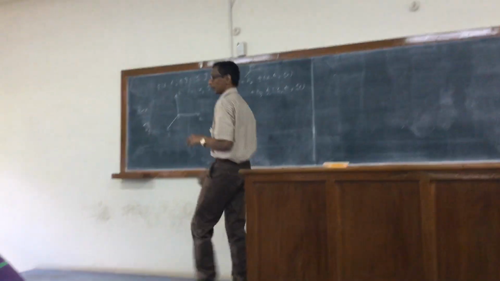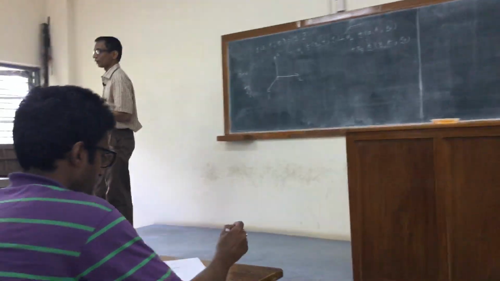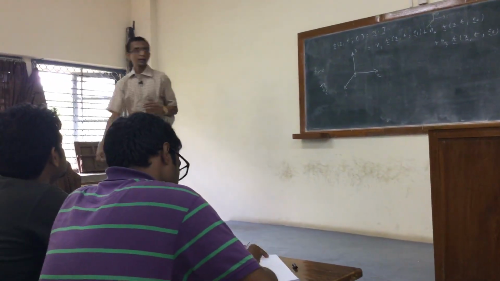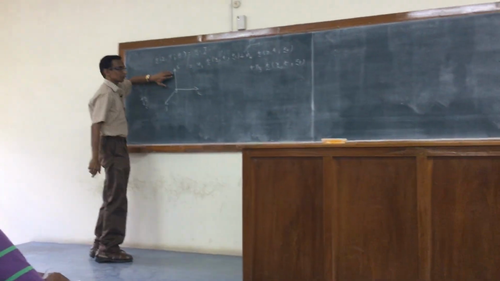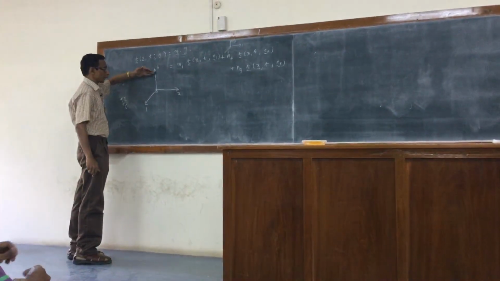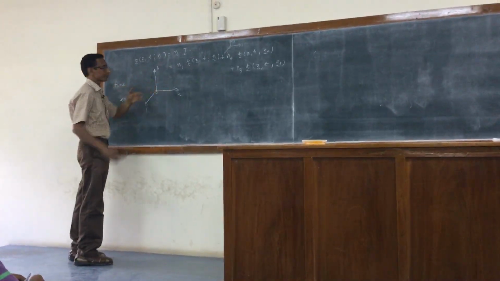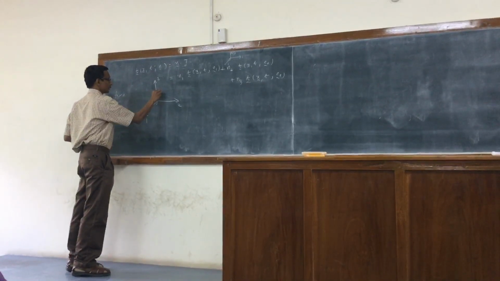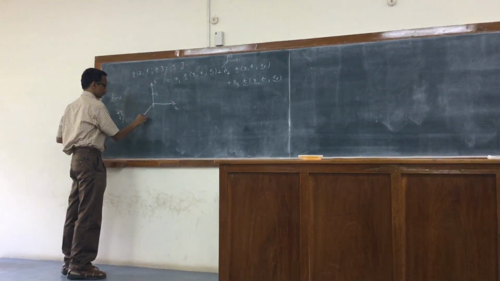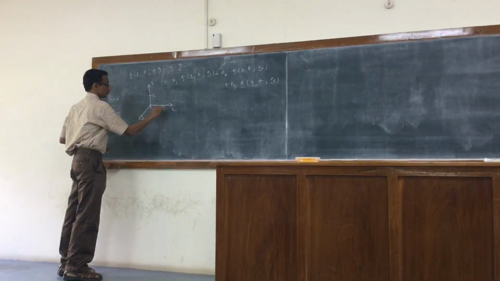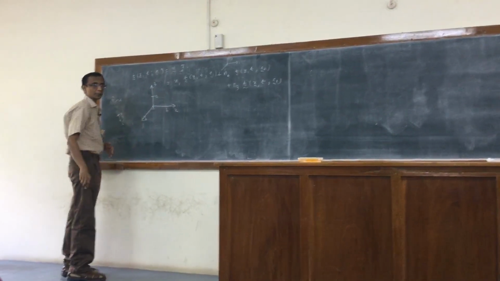The tetrahedron has 4 faces, each one of which is a triangle, and 3 of the faces Cauchy considered were along the 3 planes. It is not a regular tetrahedron. These distances need not be the same.